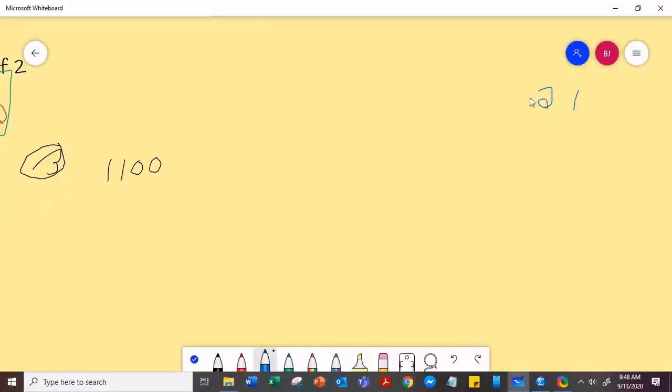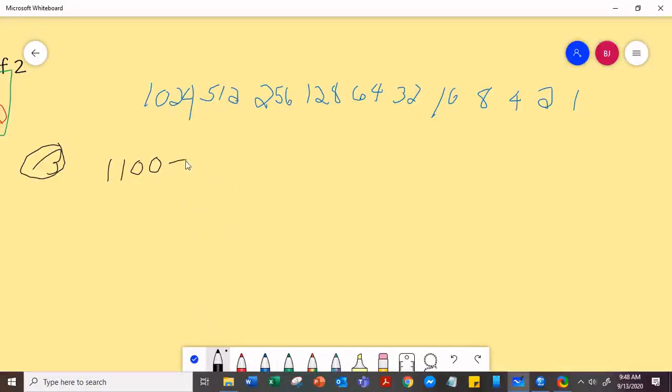So 1, 2, 4, 8, 16, 32, 64, 128, 256, 512, and finally 1024. Okay. So we can divide by 1024.